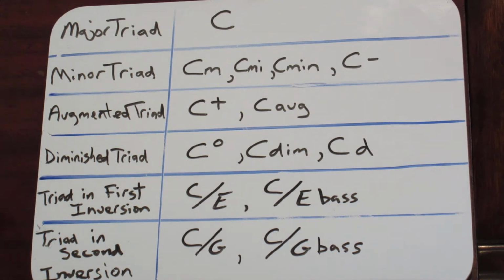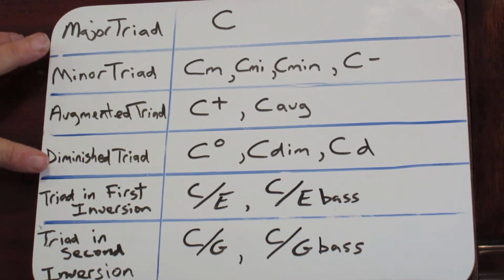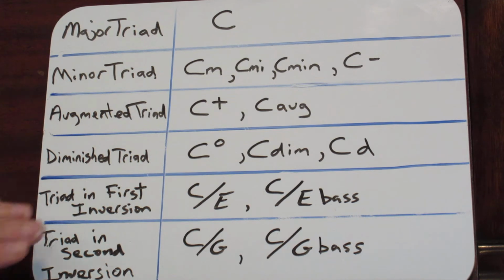These are the four types of triads, and then we'll talk a little bit about inversions here. The major triad, which we've discussed, is 1, 3, 5 of a major scale.